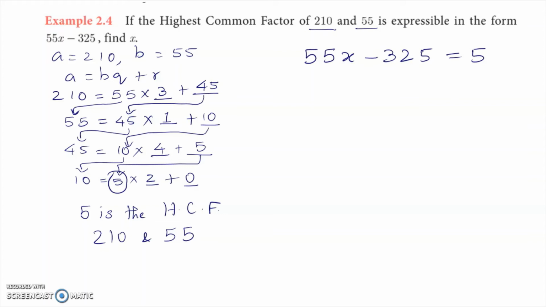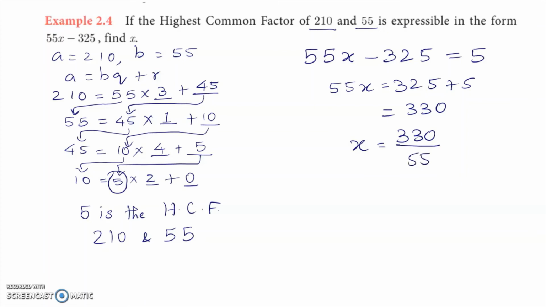So simplifying this equation, we get 55x is equal to 325 plus 5, and that is equal to 330. So our x is equal to 330 divided by 55, and our answer will be 6. So we have our answer, x is equal to 6.